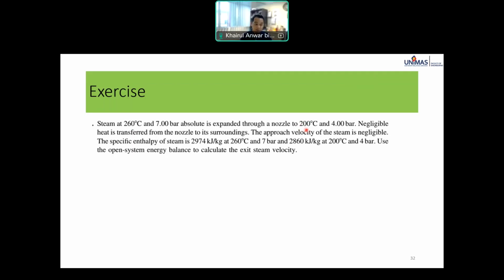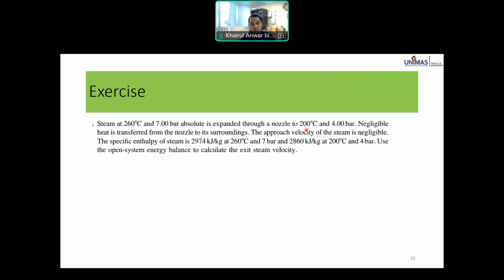Since 260 is not in the saturated table B6, you need to refer to the superheated steam table B7. Then the outlet is 200 degrees C and 4 bar.